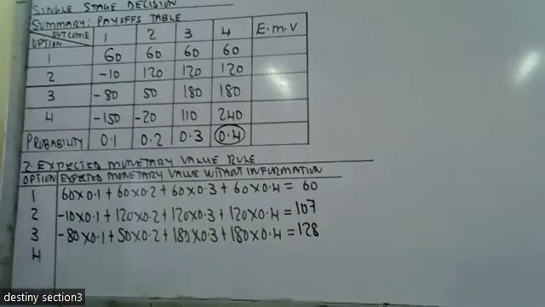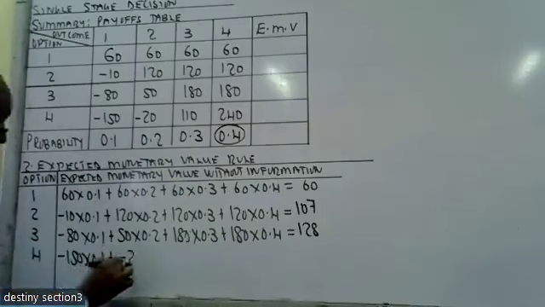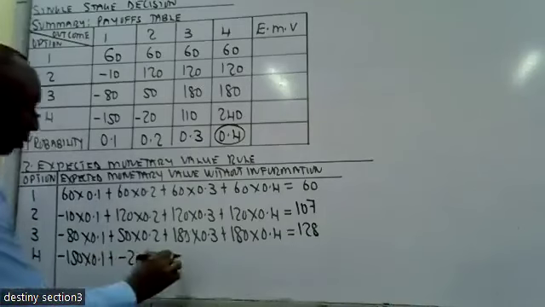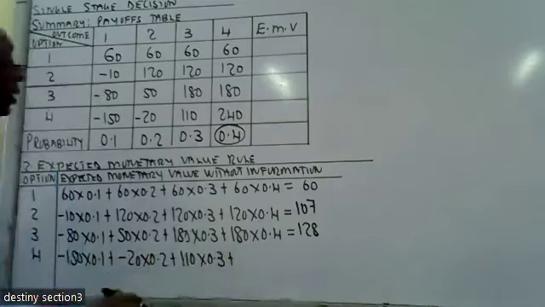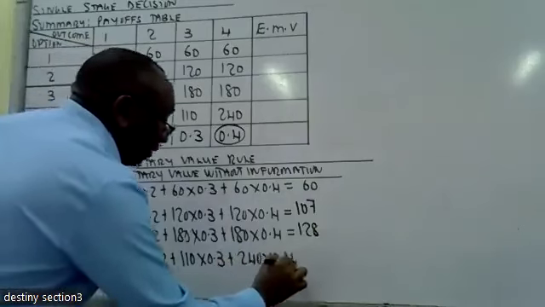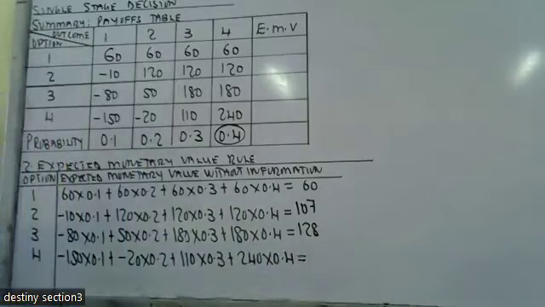We go to number 4. Equal minus 150 times 0.1 plus minus 20 times 0.2 plus 110 times 0.3 plus 240 times 0.4.